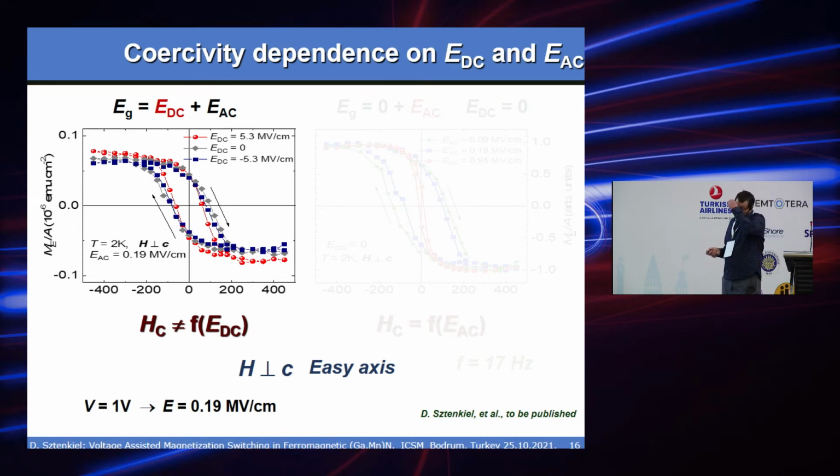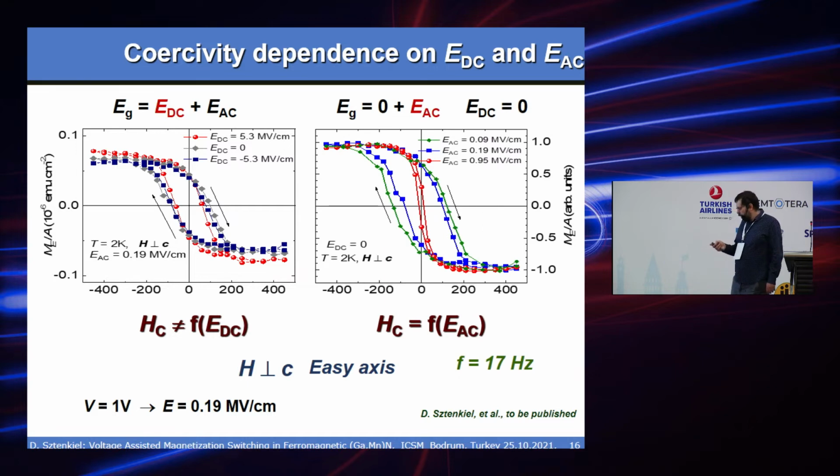We assume that by application of electric field we change only uniaxial anisotropy, we do not control the width of the coercive field. However, the coercive field depends on the AC modulation. By increasing the AC modulation we decrease the coercive field, and for high enough AC modulation the coercivity practically vanishes. So we can control coercive field by AC voltage.